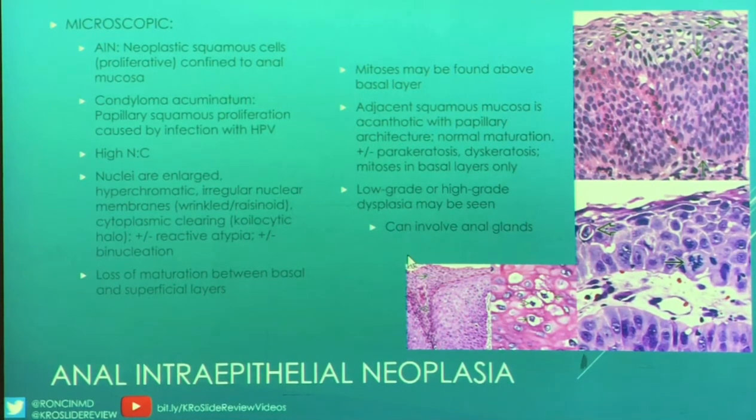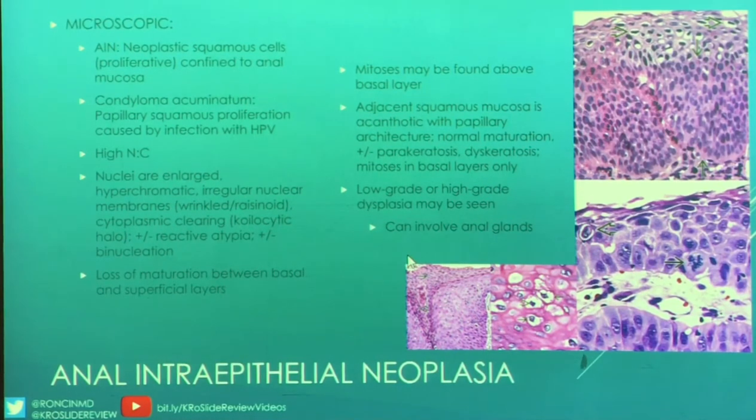What your pictures are showing you on top is more of the coilocytes with the loss of maturation in the basal layers, so that looks more like a CIN2, or sorry, AIN2 in the GYN frame of mind. Your bottom right picture is showing you, again, coilocytes as well as atypical mitotic activity. It is within the basal layer, but that is an atypical mitotic figure.